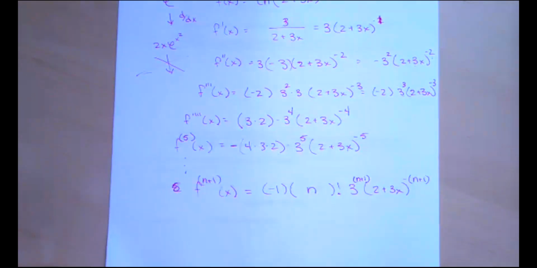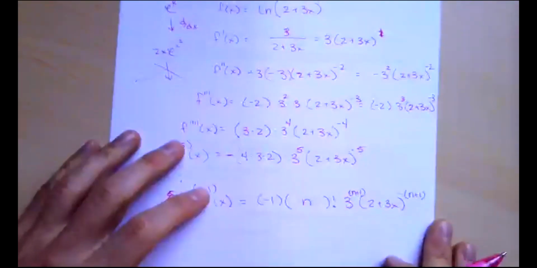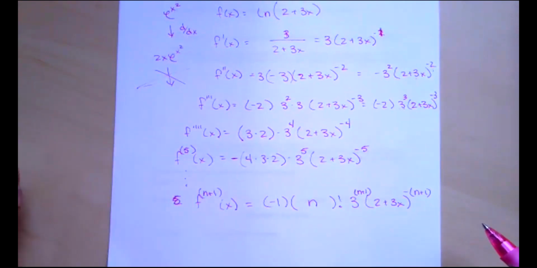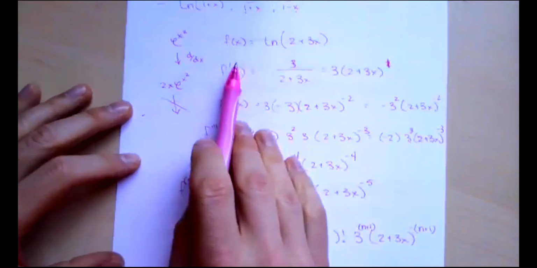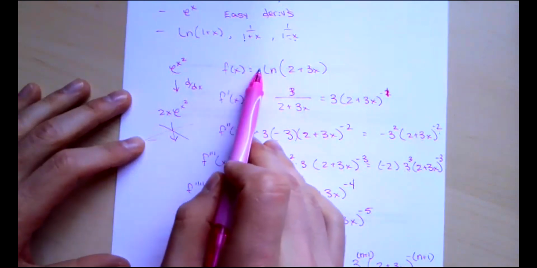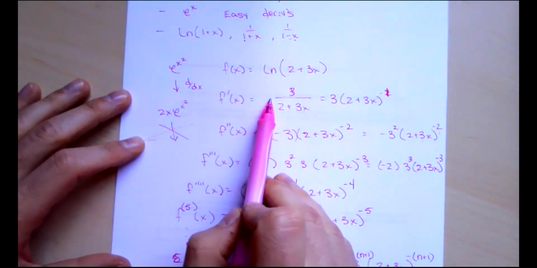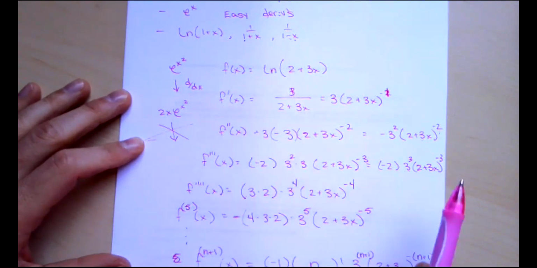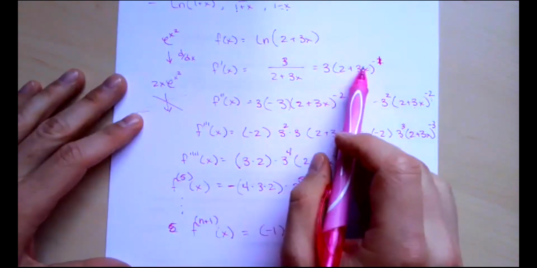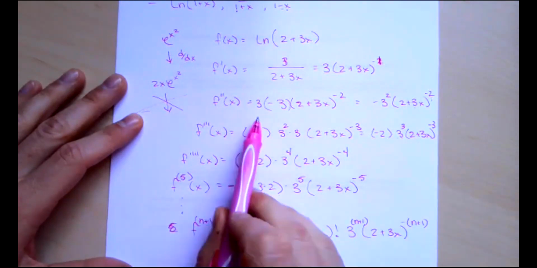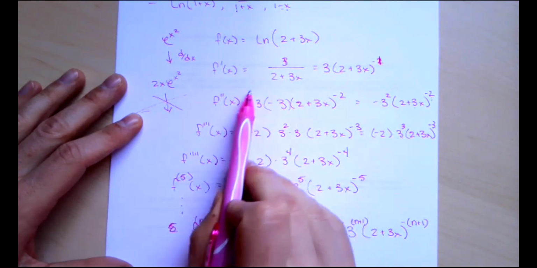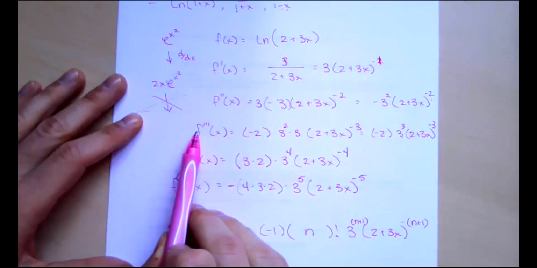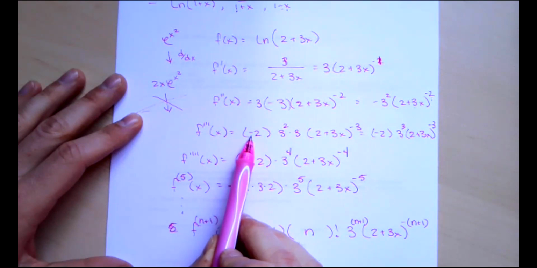And now the last piece, we go back and see, well, it's alternating, but we just want to make sure we start at the right index. And this is one that's kind of easy to screw up because, right, the 0th derivative, the original function was positive and it went positive, positive. And then it alternates just because of the weird nature of natural log. Once we actually get into these rational functions, it'll start to alternate with successive derivatives. So 1 derivative positive, 2 derivatives negative, 3 derivatives back to positive.